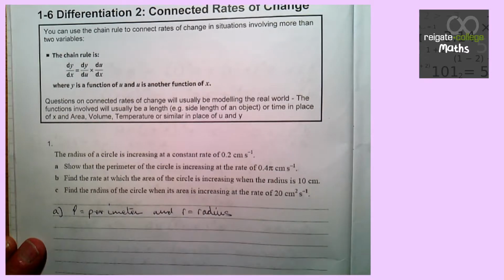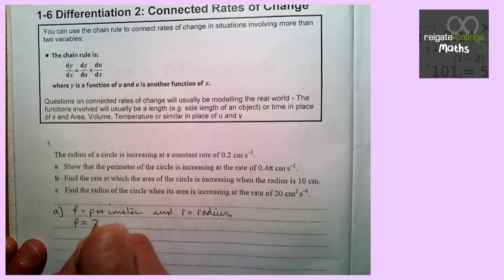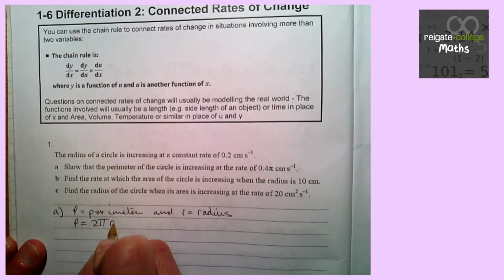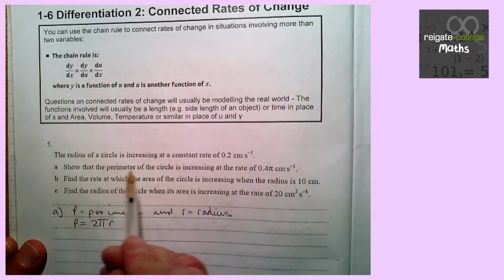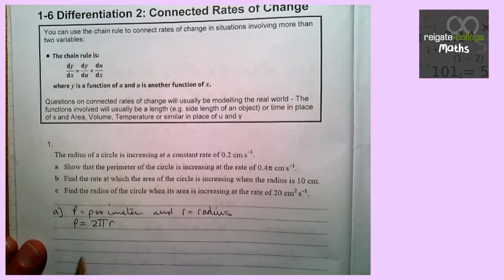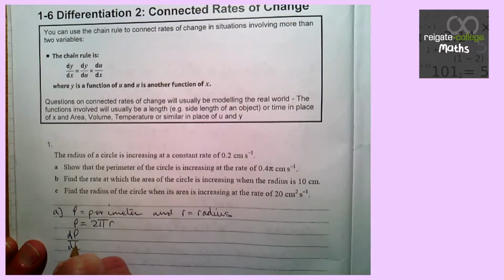So what do we know about the perimeter of a circle? Well, we normally call it the circumference, don't we? So P is equal to 2 pi r. And then we're going to use the chain rule. So you can see the chain rule up here, but in this case we want to find the rate at which the perimeter of the circle is increasing. So we want to find dP by dt.